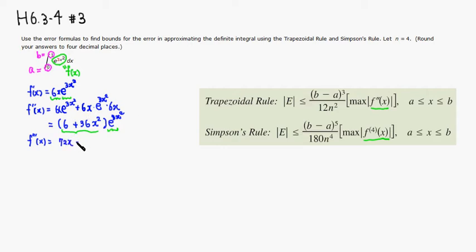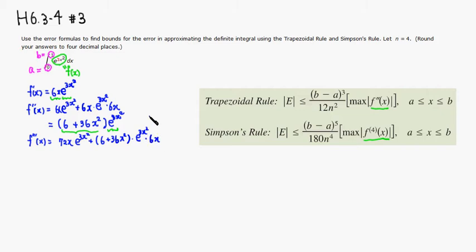So you have e to the 3x squared, plus, leaving this guy alone, 6 plus 36x squared, times the derivative of e to the 3x squared, which is e to the 3x squared times 6x.